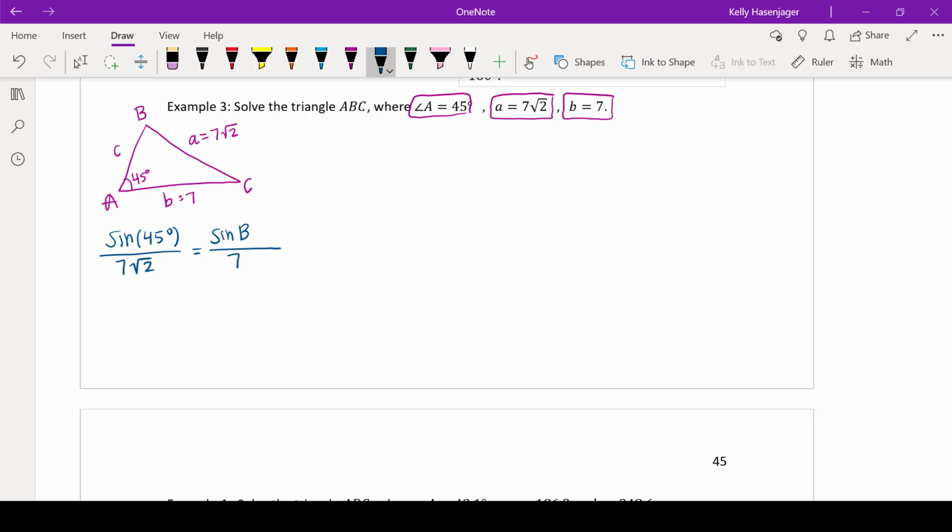So first let's cross multiply. So I'll multiply 7 root 2 and sine of B. So 7 root 2 sine of B is equal to 7 sine of 45 degrees.